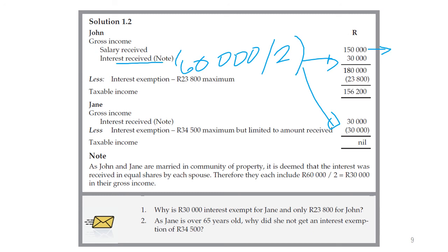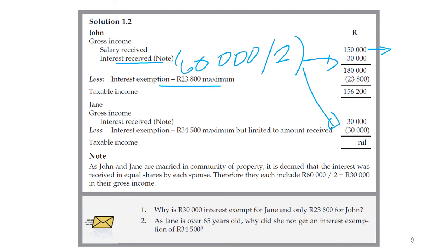Remember, because it's interest received, both of these taxpayers will qualify for the basic interest exemption. And please note, exemptions, capital gain inclusion rates, exclusions, etc. we will not apportion those. It's only the income that we apportion.